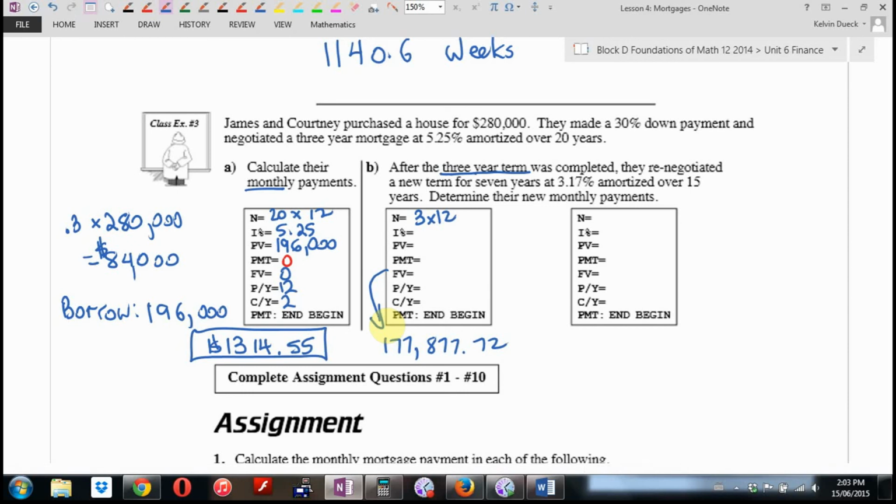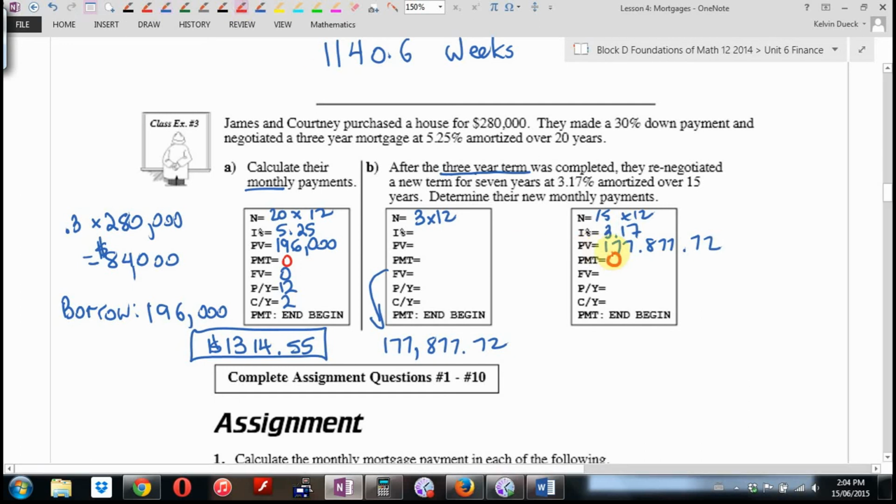We want the amortization. 15 years times 12. What's the new interest rate? 3.17. They got a better interest rate. The present value is how much they still owe. They have from the bank 177. They're still ahead from the bank with the amount they've borrowed. That much. What's their payment?